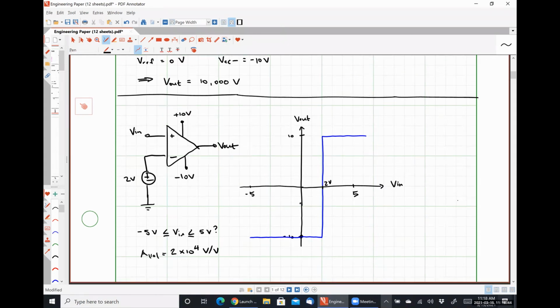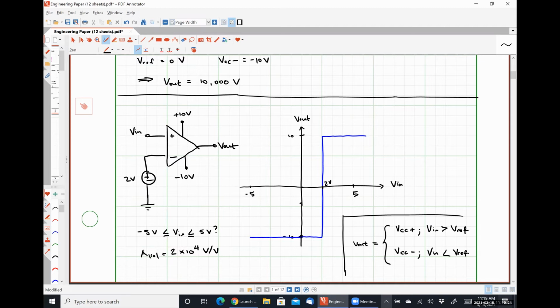So we can look at this and say generically, our output voltage is equal to VCC plus when Vn is greater than V reference, and it's VCC minus when Vn is less than our reference voltage.